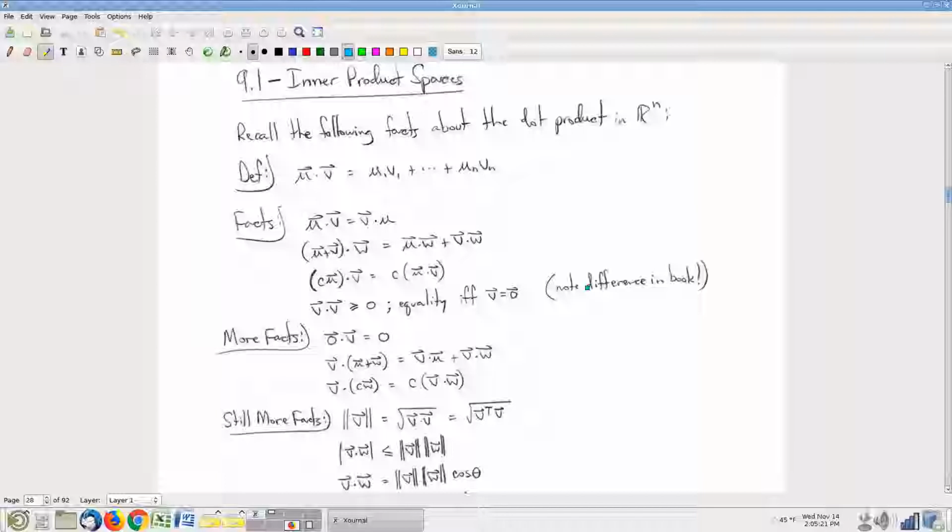So we created an abstraction. We made definitions and proved a bunch of theorems, all in the abstract, about vector spaces. And what we find is that we are heavily armed at that point.